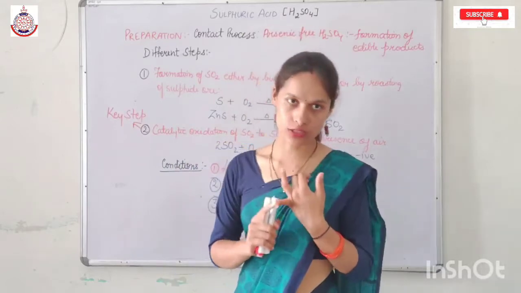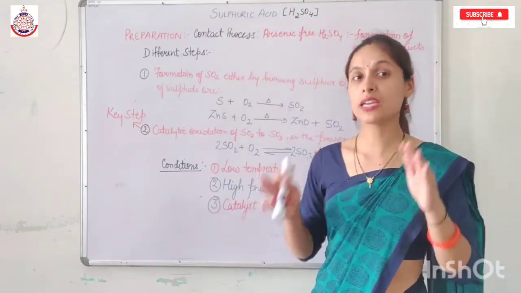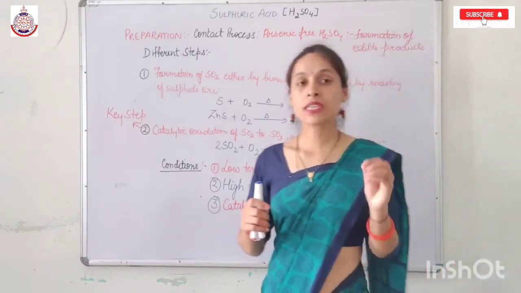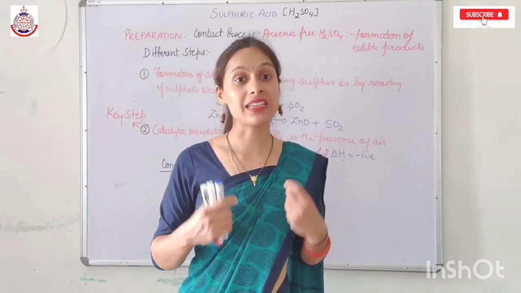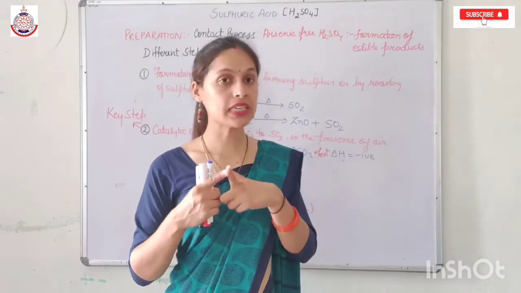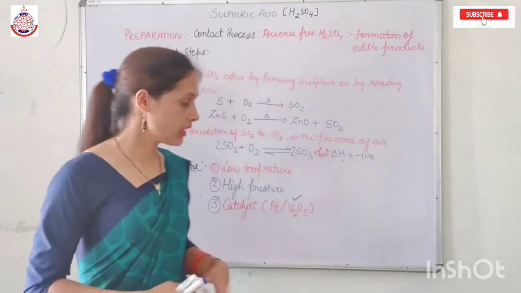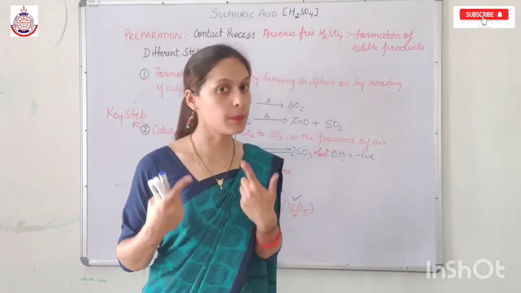First of all, the cost. Platinum is expensive, whereas vanadium pentoxide is not too expensive. Second, platinum can be easily poisoned by arsenic impurities, but vanadium pentoxide is not poisoned by arsenic impurities.